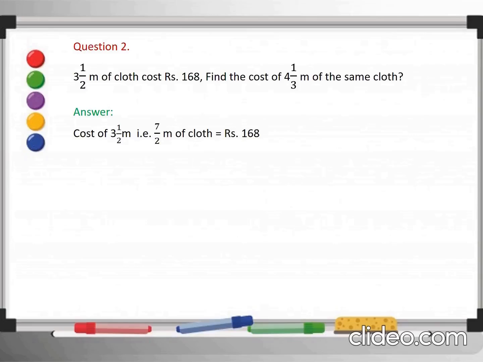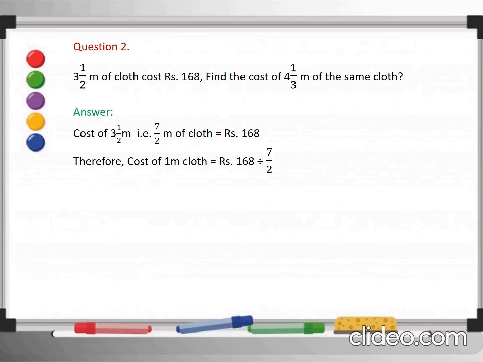Now we have to find out the cost of 1 meter cloth. So to find out 1 meter cloth, we'll divide 168 and 7 upon 2. In next step, we have here division sign.